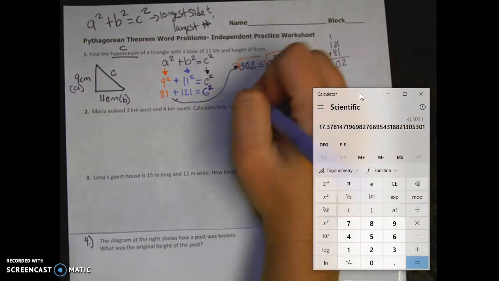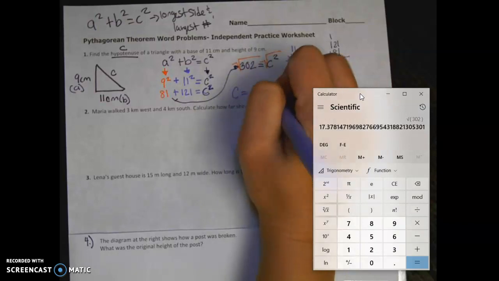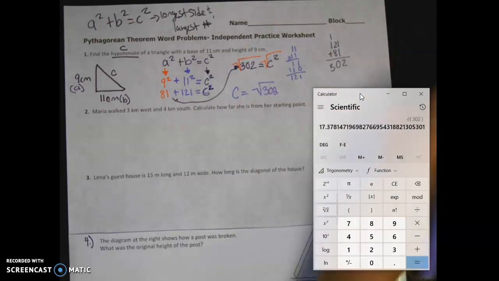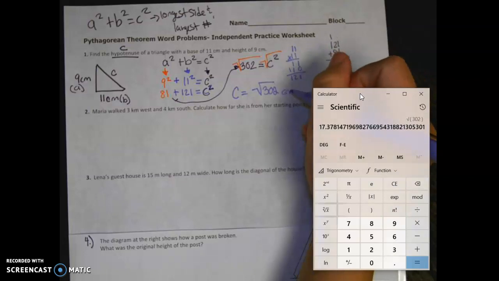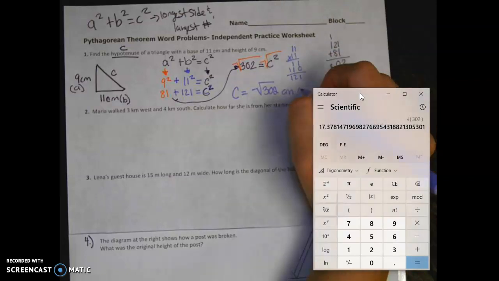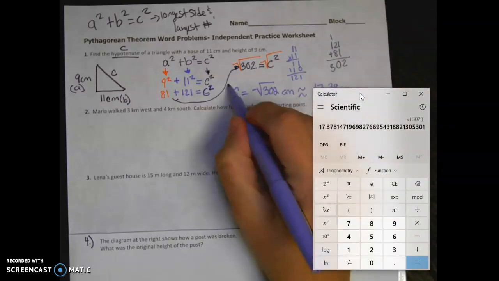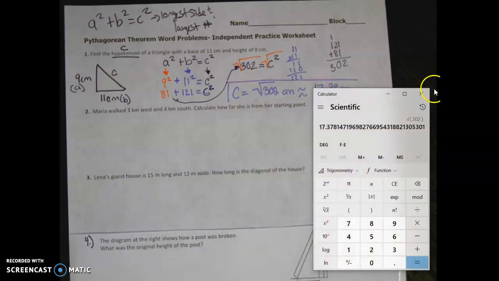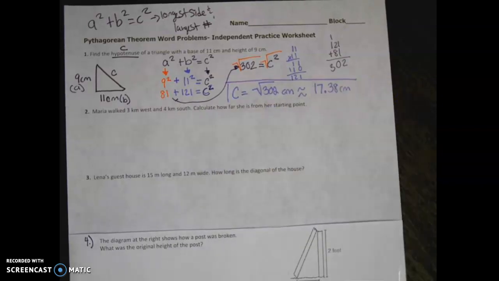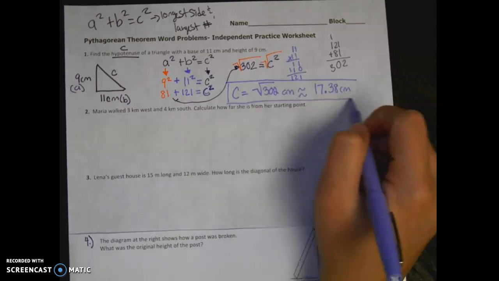I'm going to leave c as the square root of 302 centimeters, which is approximately 17.38 centimeters. Okay. So both answers are acceptable.